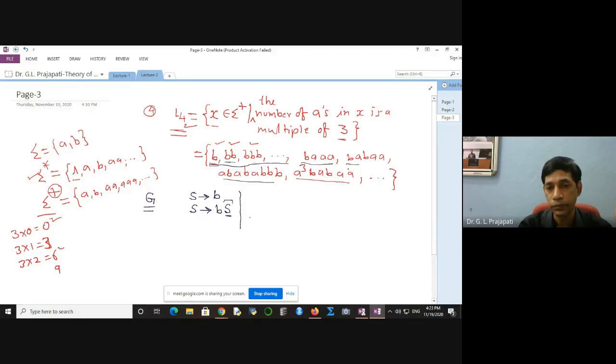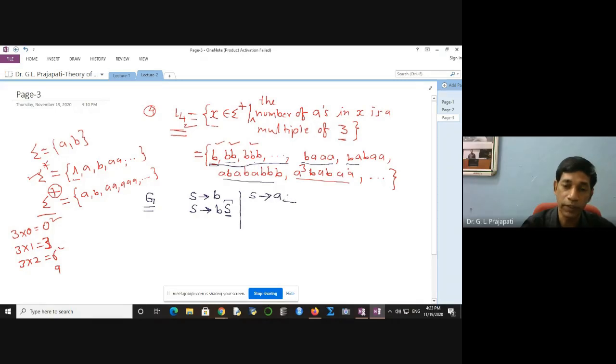Now, instead of this, if S starts with a, now see, the problem is different. Whatever the string is in this part, it must ensure that the number of a's in total is a multiple of 3.